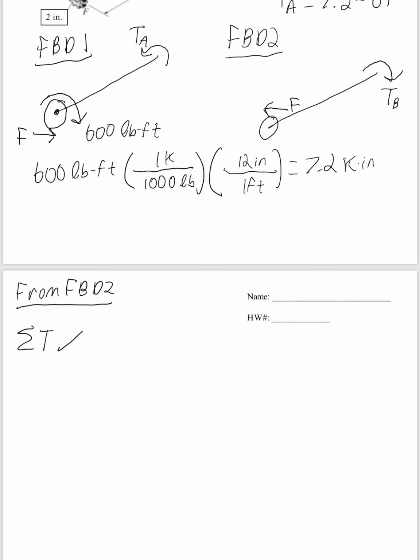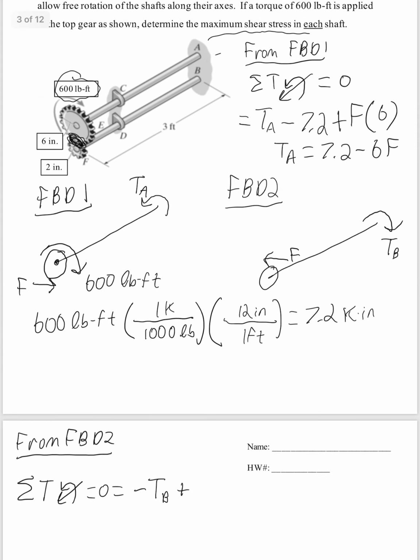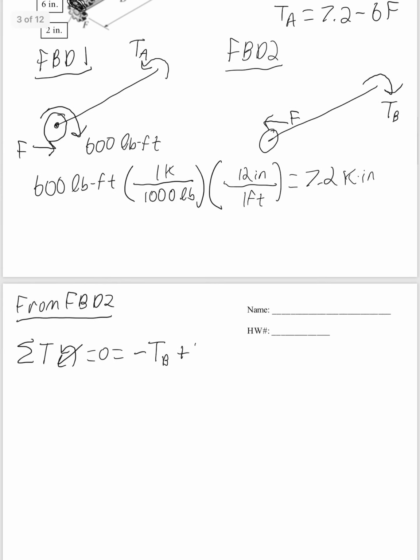Again, I'm going to say this direction and right-hand rule is positive. So we have a negative TB plus the radius of this gear is 2 inches, so 2 times F. So we get TB equals 2F.